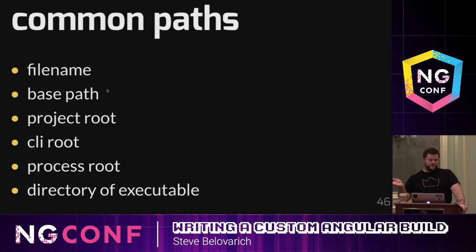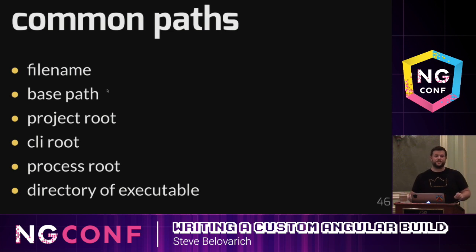You may need to figure out what your project root is, like the Angular project's root. You may need to know what the CLI root is. You may need to figure out what the root is for the process that the user is trying to run right now. This could be a different thing, right? You might expect the process root to be the same as the project root, but we may not always be running ng at the root folder of our project.